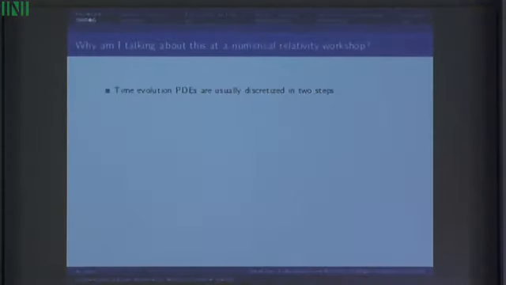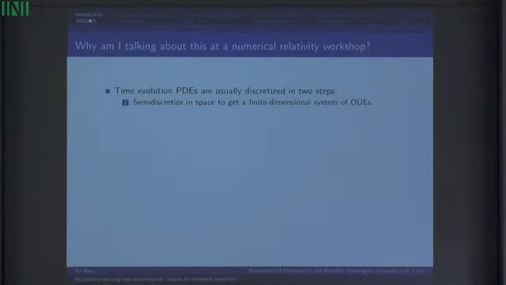Okay, so why am I talking about this at a numerical relativity workshop? Well, a lot of the methods that we use for simulating ODEs are also used for simulating time evolution PDEs. And how do we do that? Well, if we have a time evolution PDE, we can semi-discretize it in space. So basically replace our infinite dimensional function space by a finite dimensional one, maybe using a finite element method or a finite difference or volume method, right?